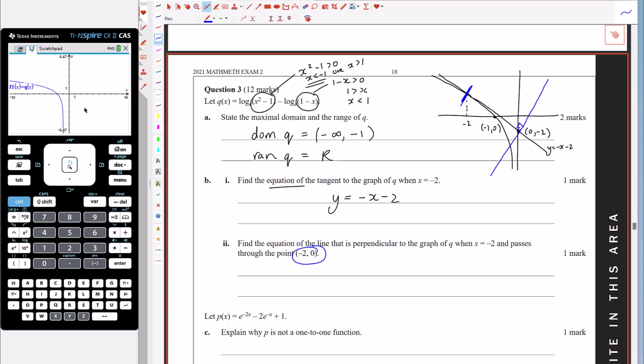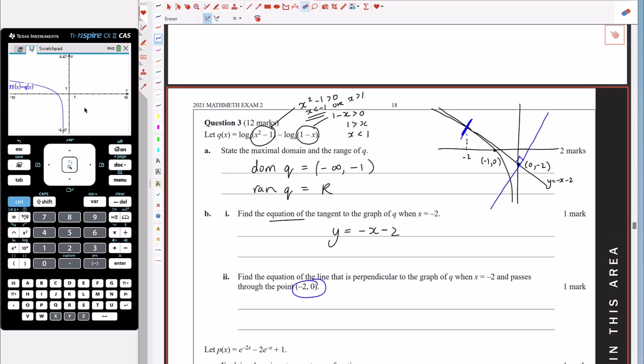Okay, so the gradient is perpendicular, and so the gradient of this is going to be 1, because perpendicular to -1, and it's going to have to go through that point at 0, -2. So it has a gradient of 1, and it goes through the point, sorry, not 0, -2. My apologies. It's not that at all.